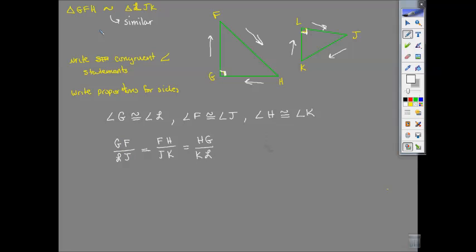And if you look, the triangle was GFH. I have G, F, H, and then L, J, K. So that I know I did them in the right order. Does that make sense?